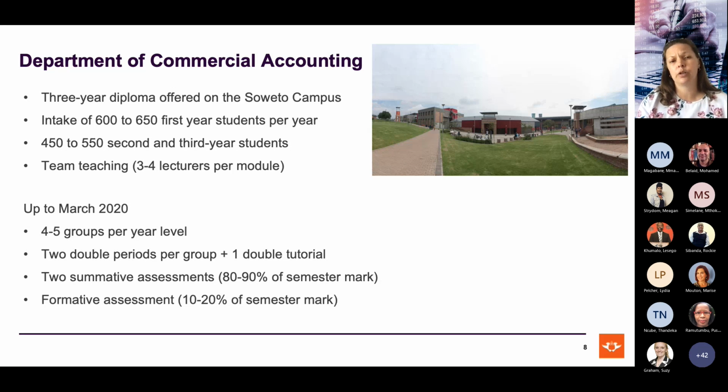Each group then also had 2 double periods plus a double tutorial. So with the team teaching, it helps us to split the workload of the lecturing, content development, and marking of assessments among everyone. Our students used to do 2 summative assessments, which made up 80 to 90% of the semester mark, and then formative assessment contributed 10 to 20% of the semester mark.